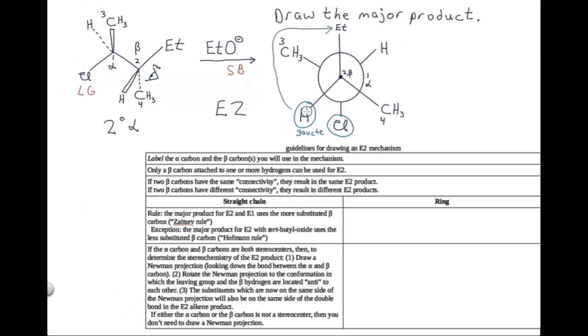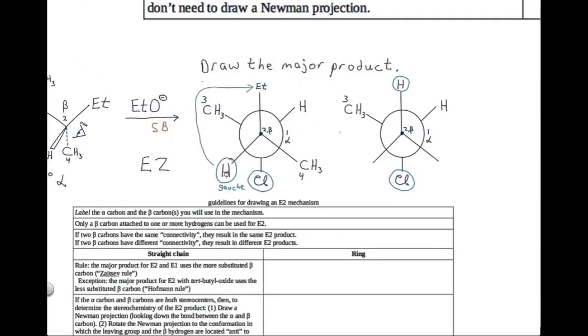So I'm going to rotate this hydrogen 2 positions clockwise, so that the hydrogen will be in this position where it would be anti to the leaving group. I've rotated this hydrogen to this position so that it's anti to the leaving group.